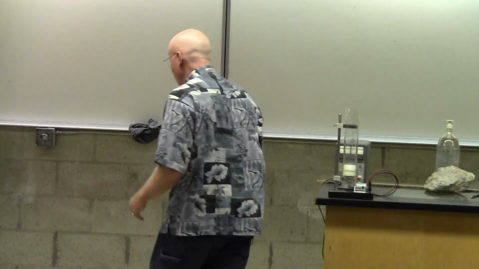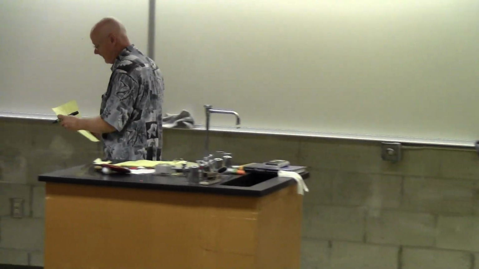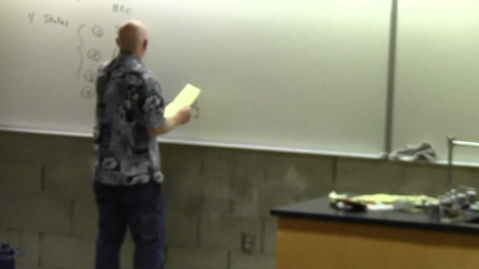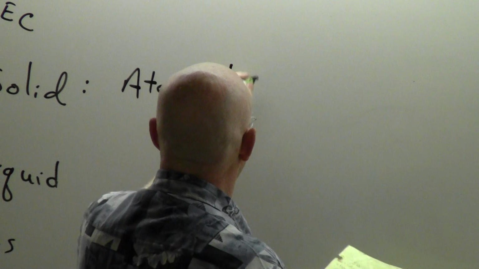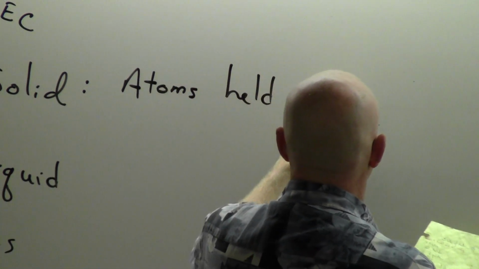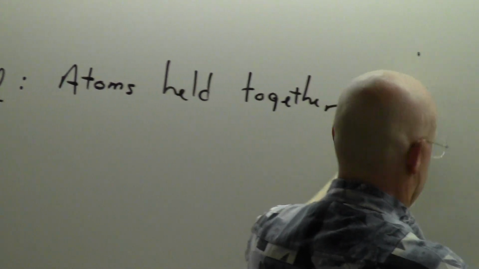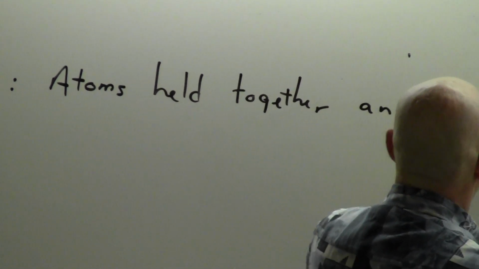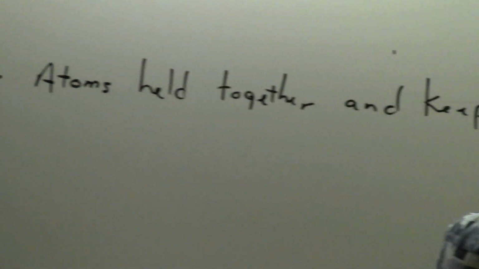And all of those are a nice way of saying, let me put it in words then, that a good way to define the solid is to say the atoms are held together so strongly that they will stay in their shape.